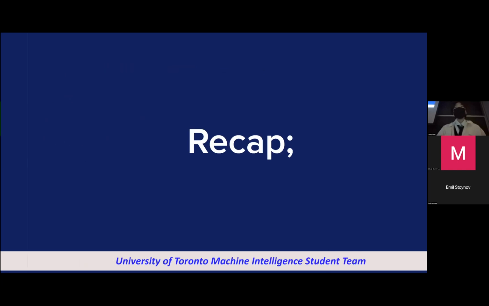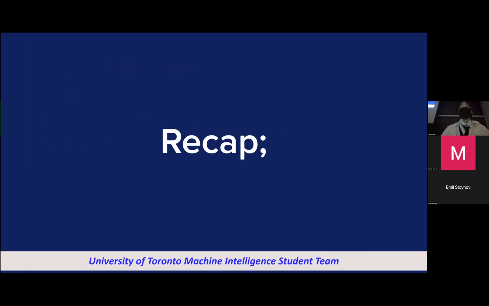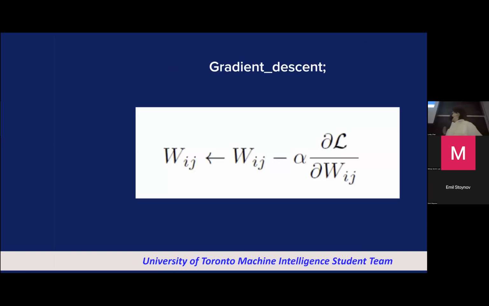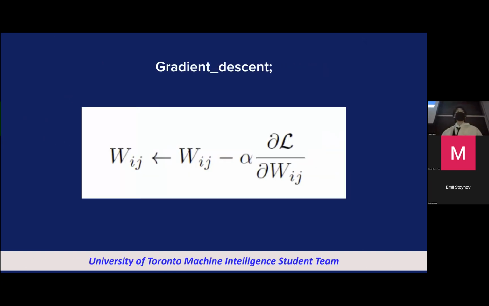Anyway, let's do a recap first. There's pretty much only one thing to recap: what exactly is gradient descent? In short, gradient descent is updating the weights according to the gradients of the loss function that we calculated in our forward process.